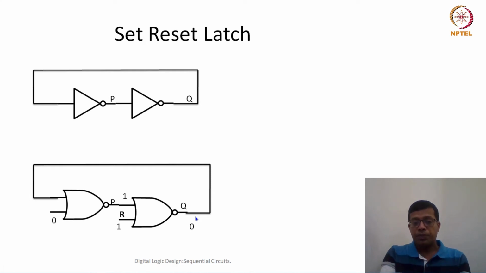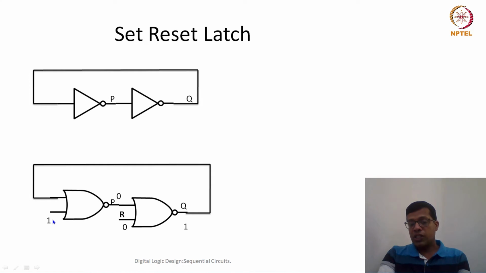Similarly, for the other NOR gate, if I make this input 1, it will make sure that the output at P would be 0, and if the other input is tied to 0, so 0 and 0, my output at Q is going to be 1.